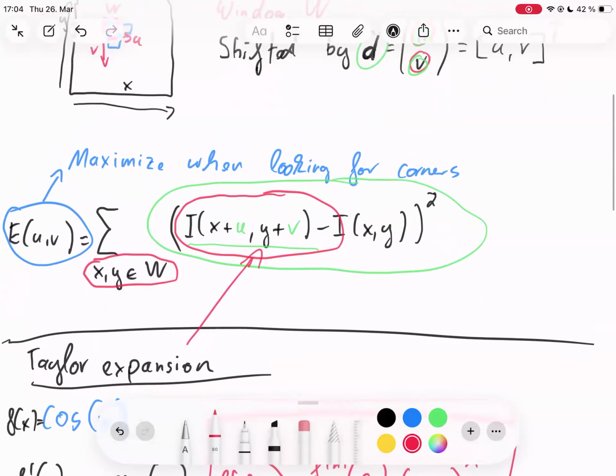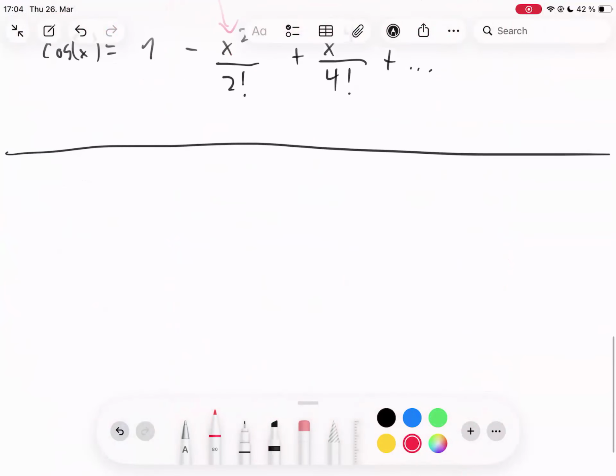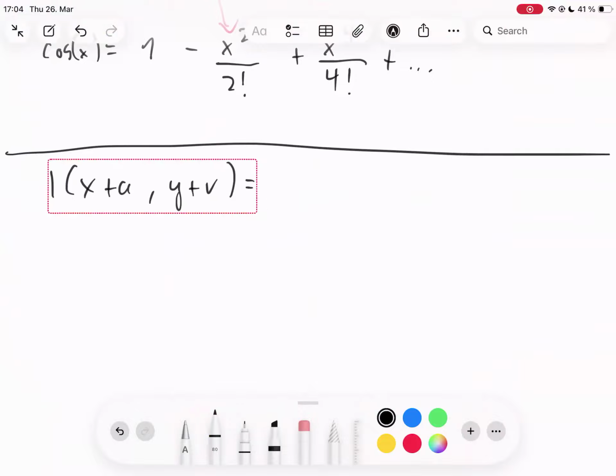It's multivariable, but I'll just show you the result of what it is. So we don't need to do the Taylor expansion here step by step. But my I of x plus u, y plus v, we can apply the Taylor expansion to it, and it's I of x, y. Remember, I is just the intensity. So this is the first part. Plus, we have a couple of partial derivatives.